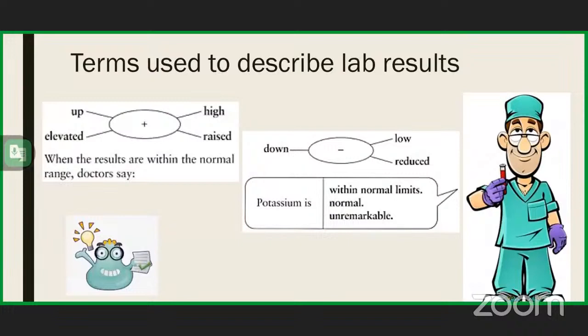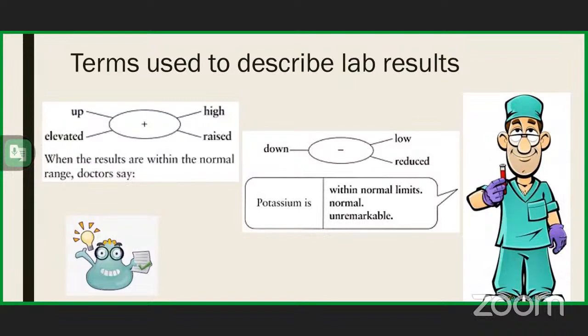When the results are within the normal range, we can say, let's go to the bubble, for example: potassium is within normal limits, potassium is normal, or potassium is unremarkable. The most common expression by experience is unremarkable. When values are low, you have three ways to give this answer.